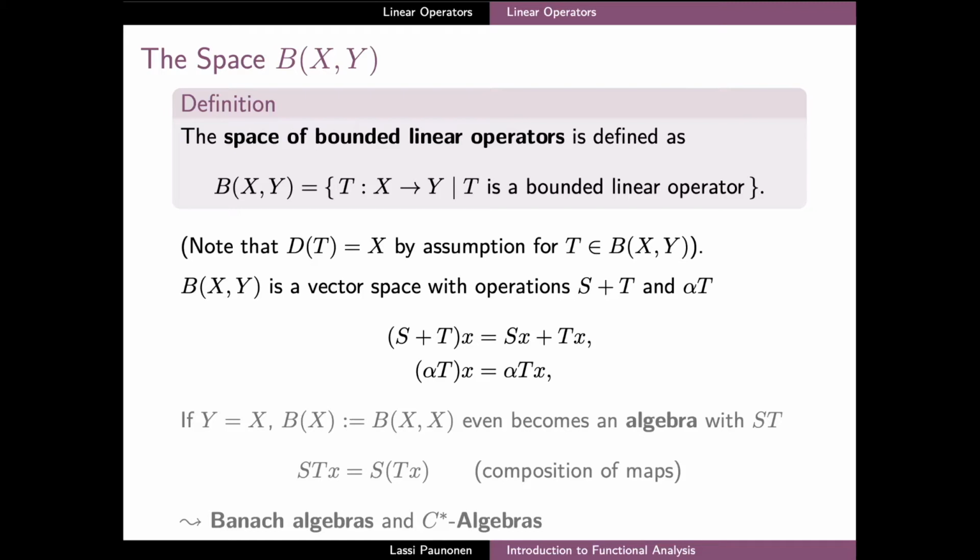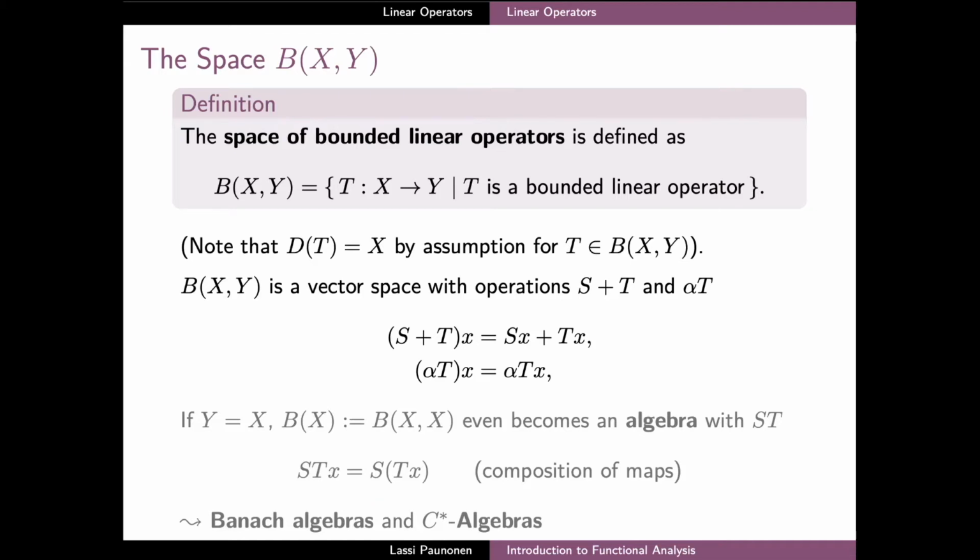and we'll use it very often on our course. As a side interest, it's also noteworthy that if we limit our attention to the operators which map from a single space X back to the space X, then the space B(X) has even more algebraic structure, since we can also define a product of two operators S and T as the composition of these two linear mappings.